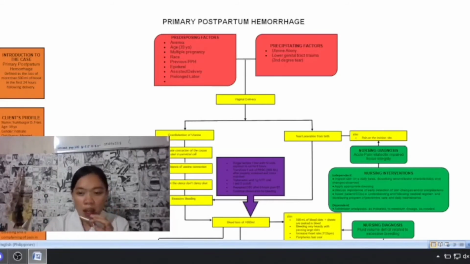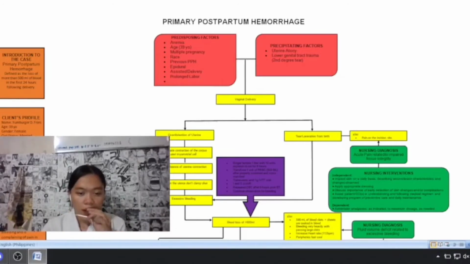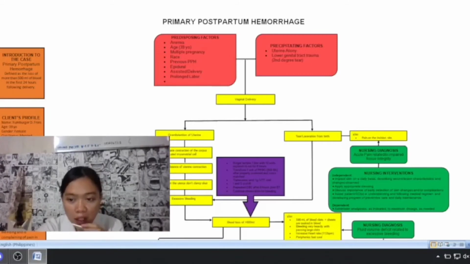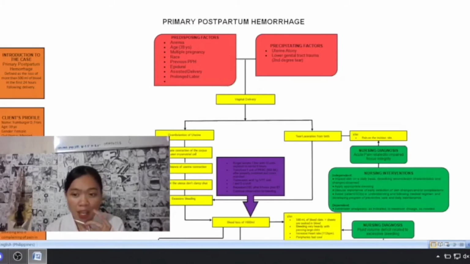The signs and symptoms include 500 ml of blood clots plus sheets soaked in blood. That is already 500 ml in the kidney dish, and since the sheets were also soaked in blood, it is higher than 500 ml.